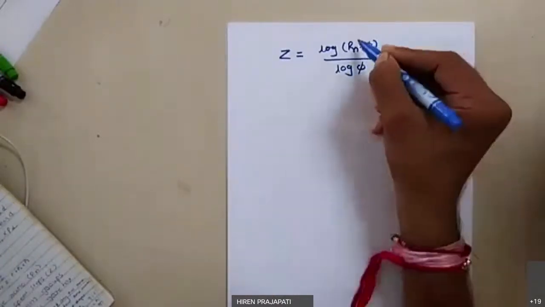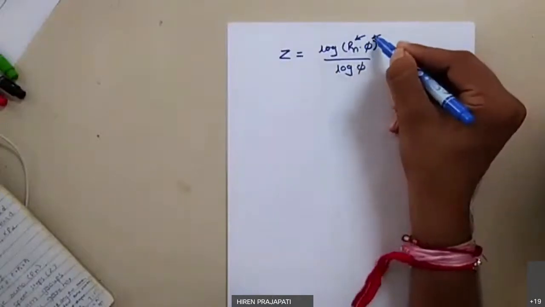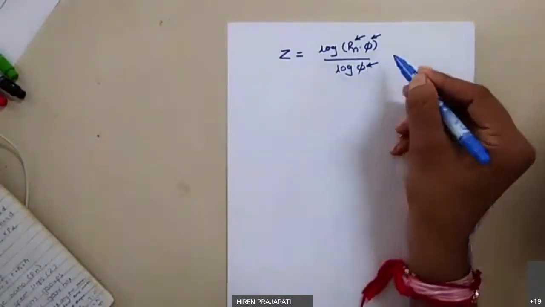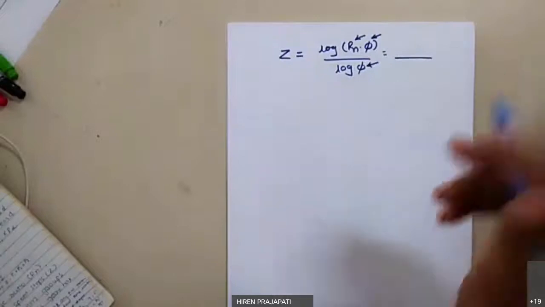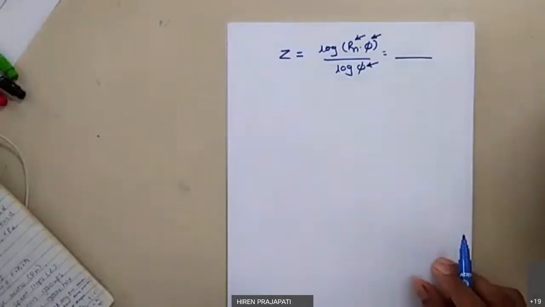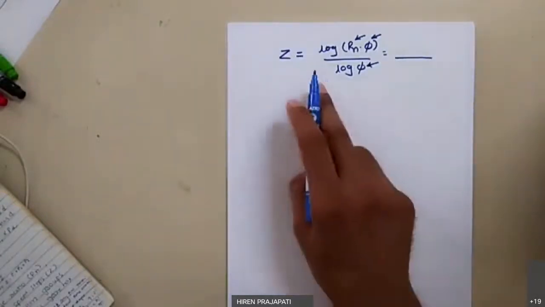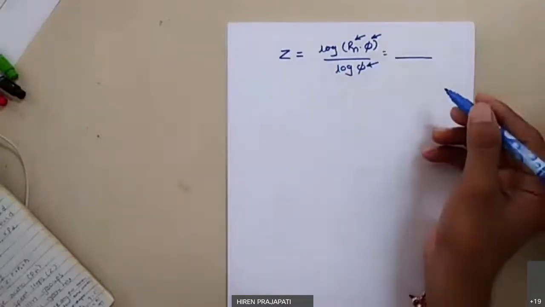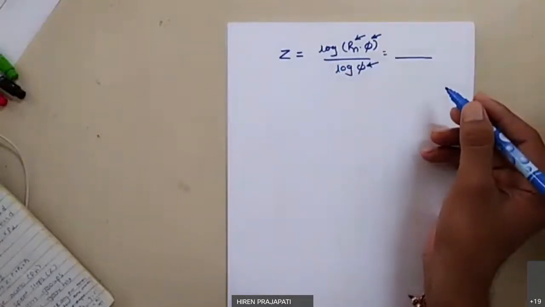Using this equation, once you know Rn and phi, you can find Z, the number of speeds available from the gearbox. But this ratio will come as a fraction, so we need to go for roundup.